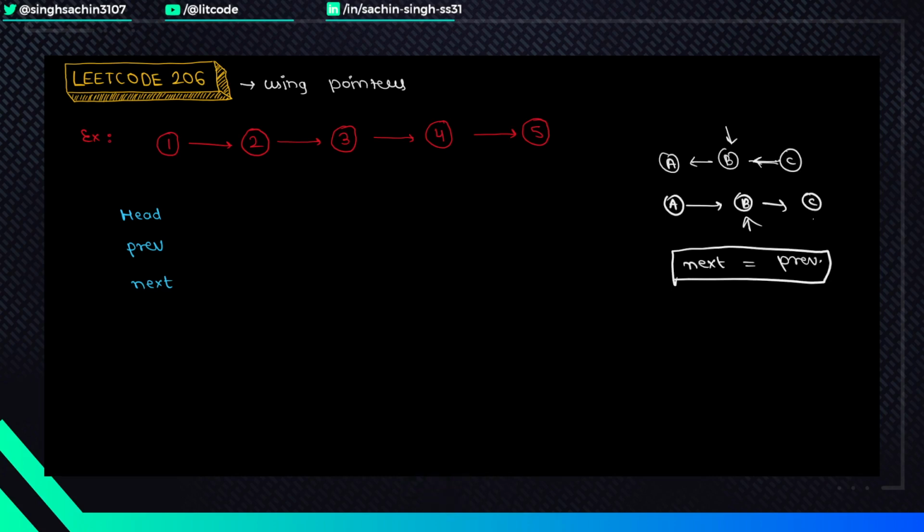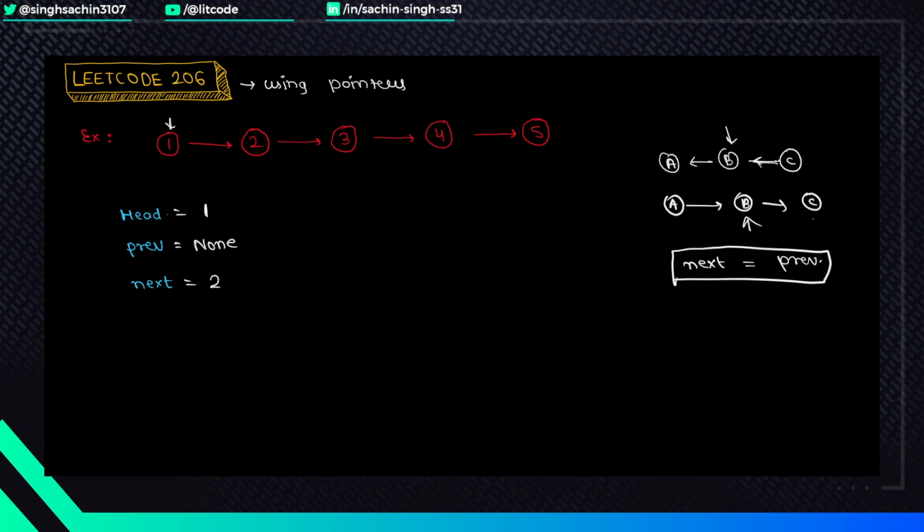I'll simply iterate the whole linked list like we do using the head, but we'll use previous and next pointers to do the reversal. For example, my head is at 1 at the moment. What is the previous node to it? It is none, because we don't have any previous for the first element. And next is 2, correct?